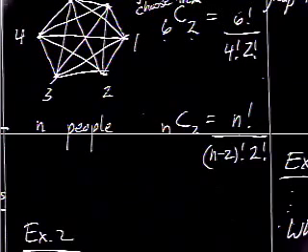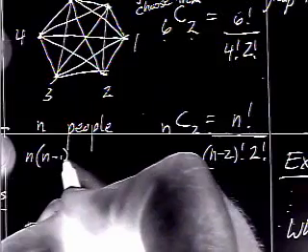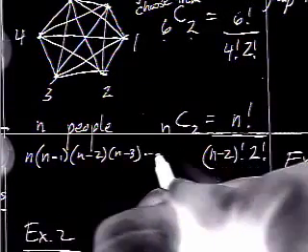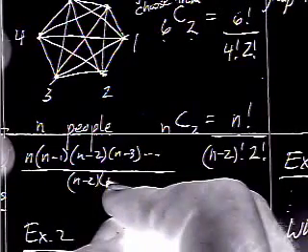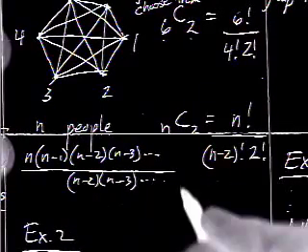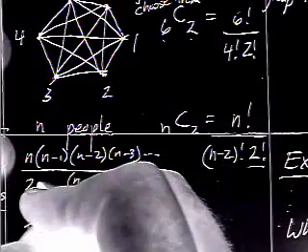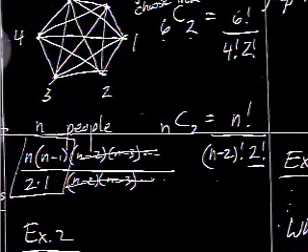Well, we can see what cancels out here. n factorial is really n times n minus 1 times n minus 2 times n minus 3, and so on. We've got n minus 2 times n minus 3 times and so on, all in the bottom. Don't forget your 2 factorial, right? That's a 2 times a 1, which is really just 2. Everything cancels out, so here we go. Right there is what we're left with.